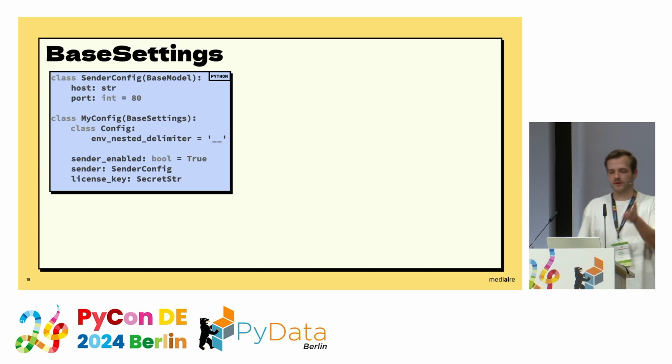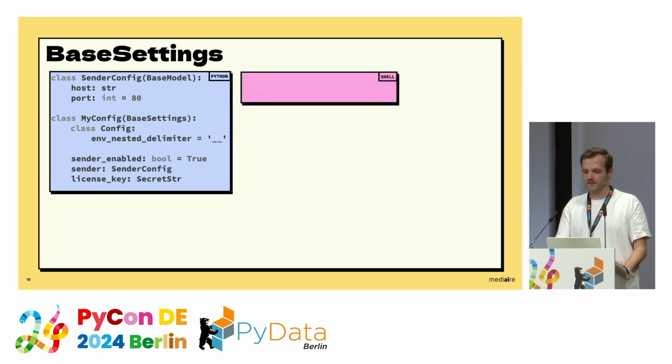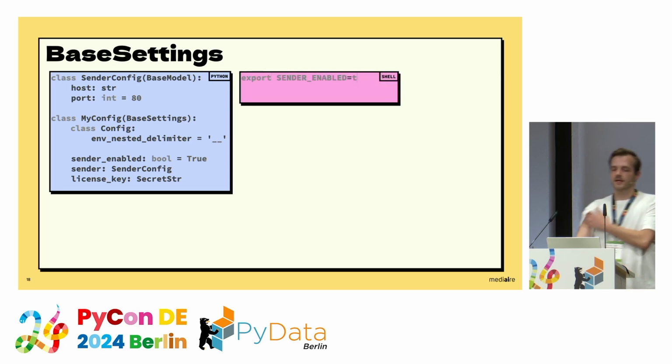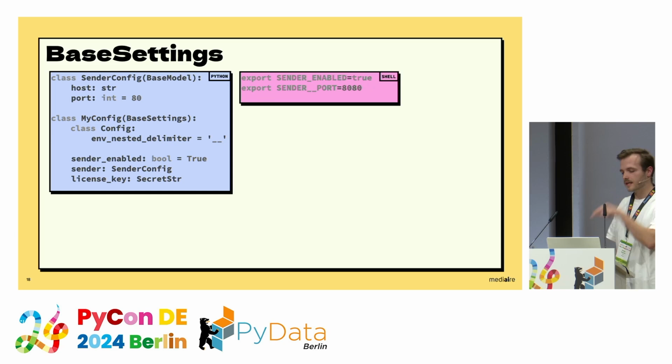And what is really cool about this BaseSettings class is that it can source and merge different configuration origins in a well-defined precedence manner. So in this case, we could, for example, override some of our specification with the environment variables. So if I export these all caps environment variables, Pydantic will automatically recognize them, and you can see I can even access nested namespaces by supplying this env nested delimiter variable.